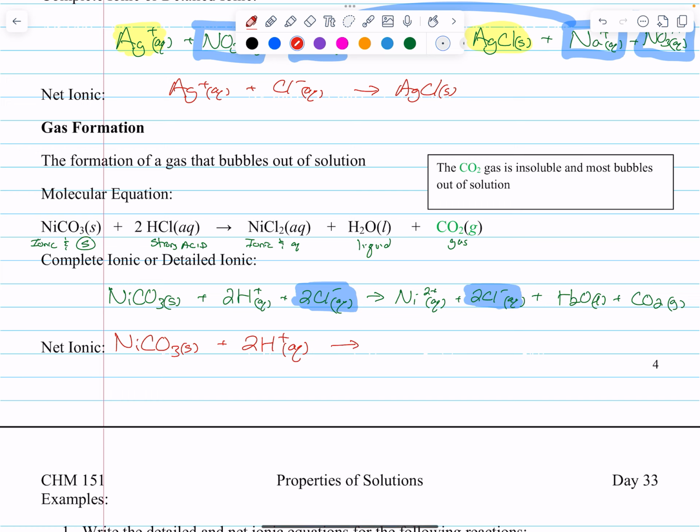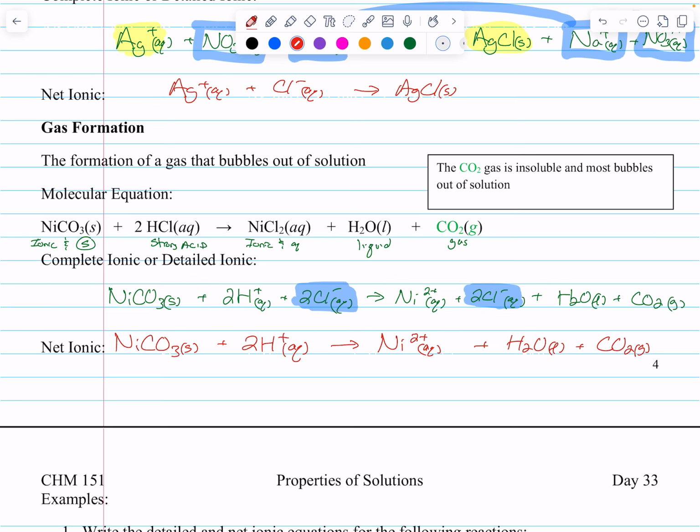Nickel 2 chloride would be soluble. It works. It doesn't work with every strong acid, but some of them. When we say acid, H plus, you get nickel 2 plus, H2O, plus CO2. So that's what we have.